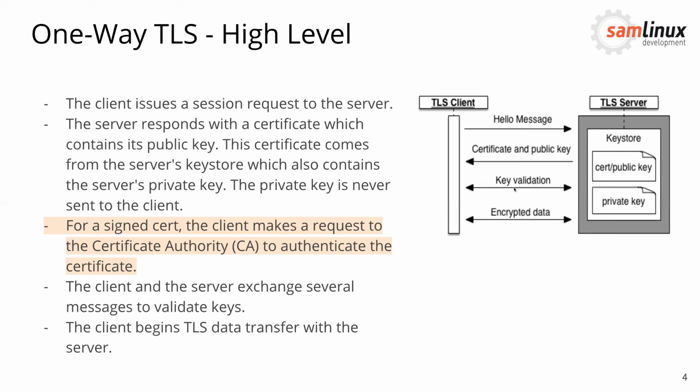But the main thing here is that the client doesn't have any key store, the client doesn't have any certificate or private key. Only the server has this, and the client only looks, okay, is this a valid certificate, this server, and can I trust this server?